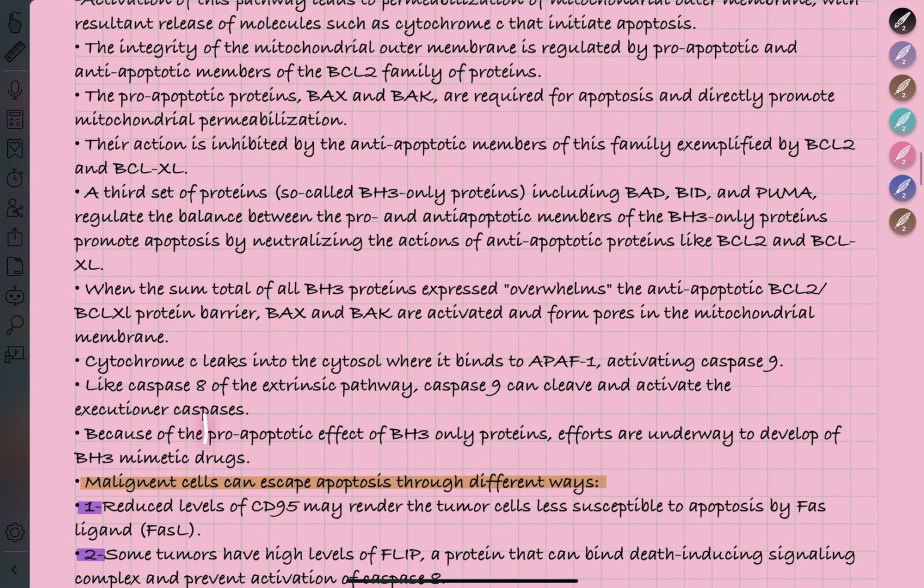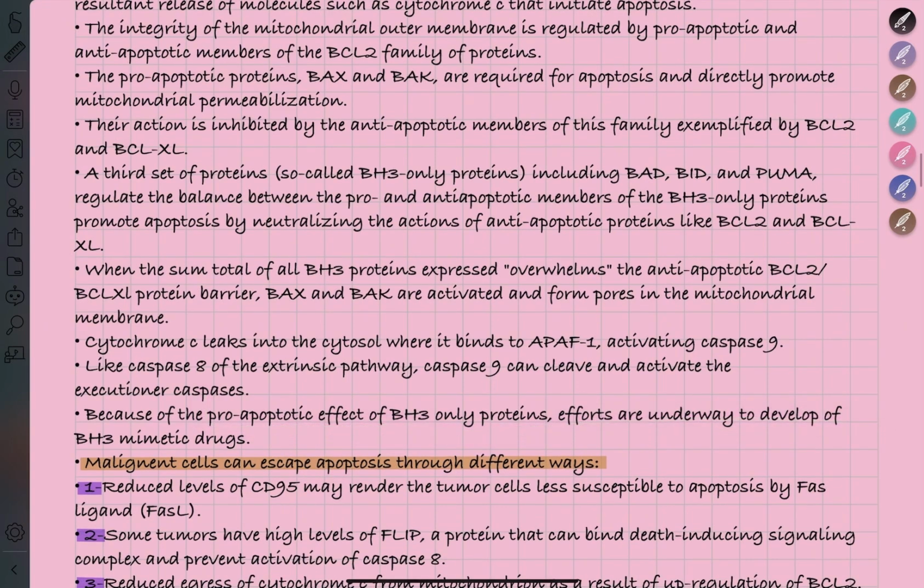Because of the pro-apoptotic effect of BH3 proteins, efforts are underway to develop BH3 mimetic drugs. Scientists are thinking of methods and ways to develop drugs that are going to act as BH3. Why will it act as BH3? Because it will cause overstimulation or overexpression of BH3 on the mitochondrial membrane.